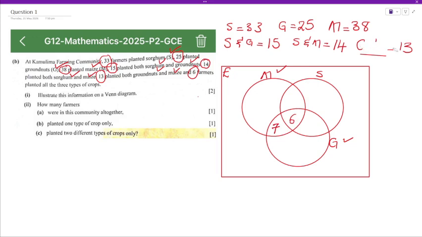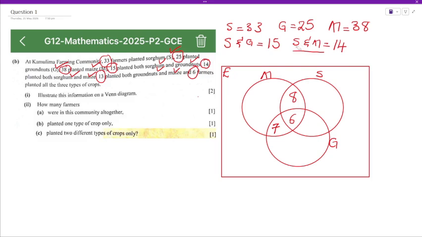This one says sorghum and maize, 14. This is sorghum and this one is maize. So this intersection here, the total should be 14. We already have a 6, so 14 minus 6 gives us 8. That's the value placed there.